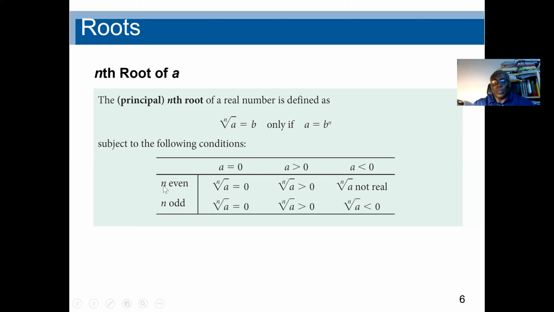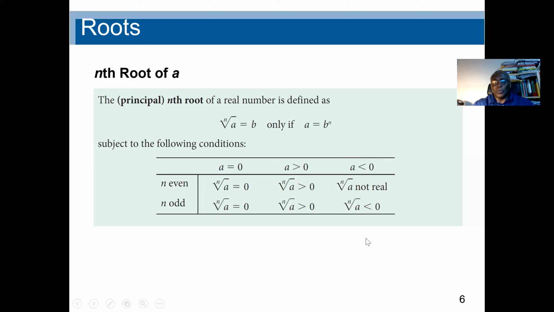Also, if our n value is an even number, then if a is a negative value, which is a is less than 0, then there's no solution, or it's not a real number. But if it's an odd number, it's okay. So what I mean is that, for example, square root, which means 2, even number, square root of negative 4, the answer is not negative 2.